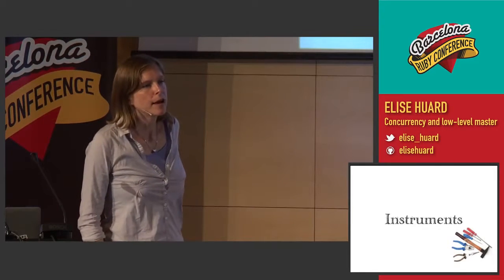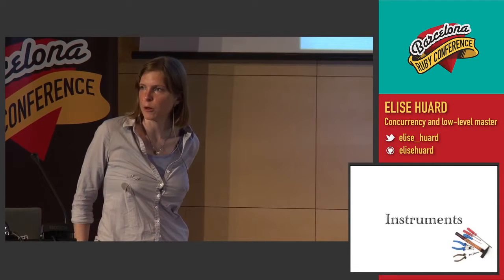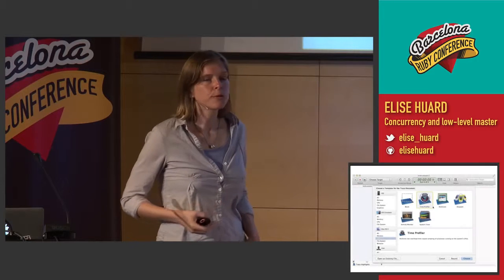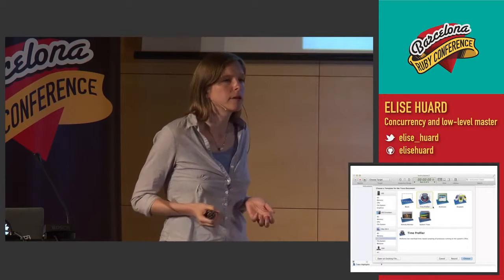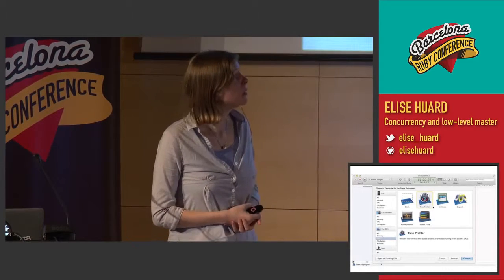So I saw a lot of people, smarter people than me, using Instruments on Mac. Sorry if this is a bit of a Mac-centric talk. Mac has Instruments, which is broadly a GUI on top of dtrace.